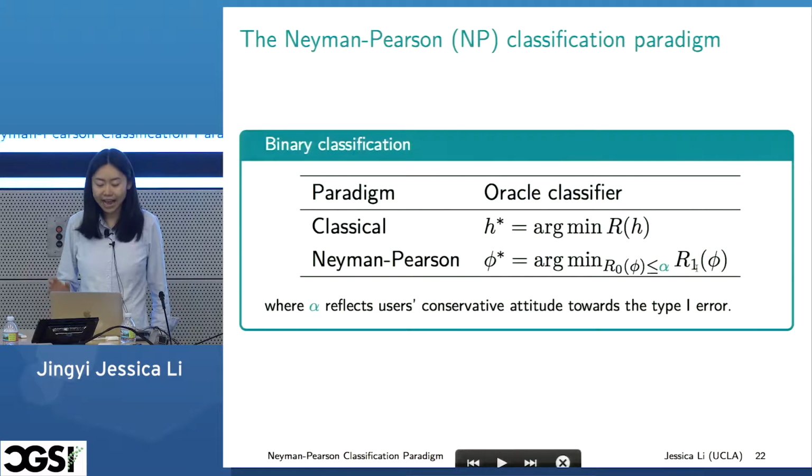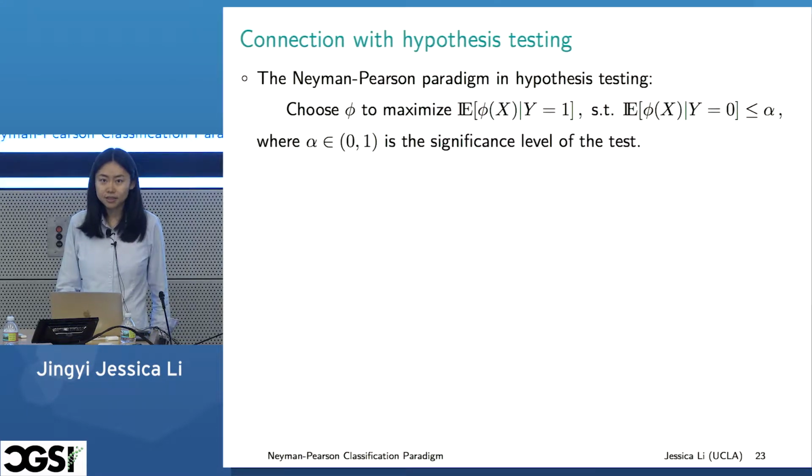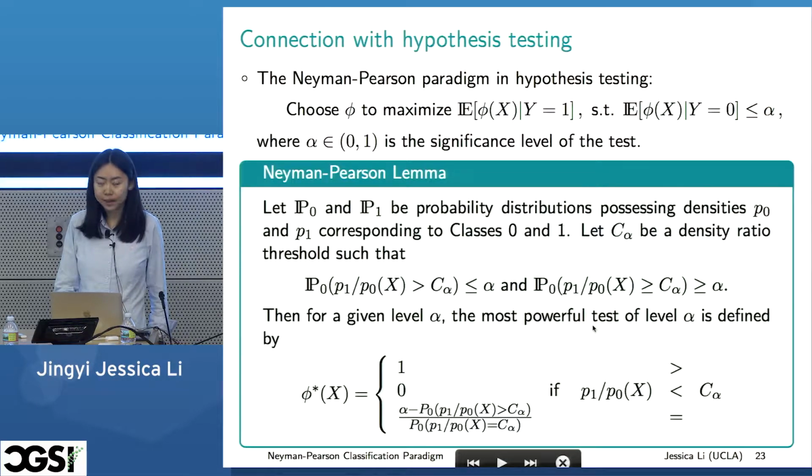This is the ideal situation, the population. And where the name came from, I want to briefly mention. If some of you have taken a mathematical statistics class, you must have heard of the Neyman-Pearson lemma, and this is where the name came from. Maybe many people will agree that it's one of the two most important results in the foundation of mathematical statistics.